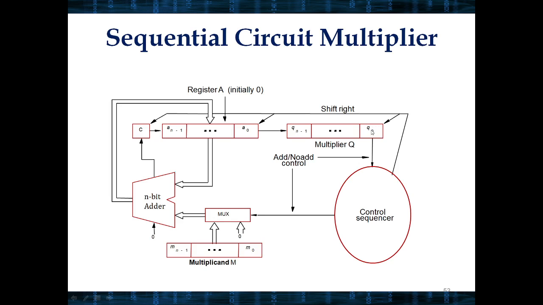If it is 0, it performs no add and performs a shift operation. If it is addition, the multiplicand value will be added with the A value, and after adding it will shift right 1 bit position. All these are done by using this circuit. This is nothing but the sequential circuit multiplier.